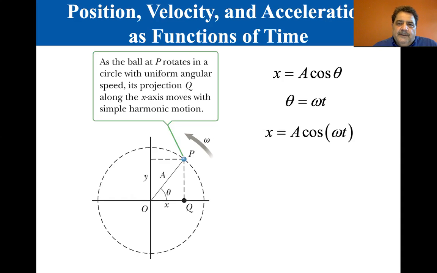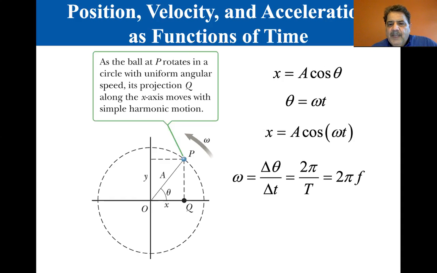Now, omega equals delta theta divided by delta t. In other words, theta is the distance traveled, delta t is the time. So whenever you have distance divided by time, you get a velocity. In this case, an angular velocity, because theta is the growth of the angle, or the arc length, if you want to call it that.